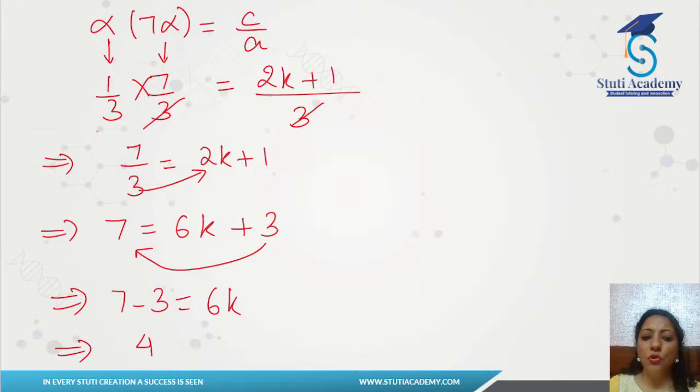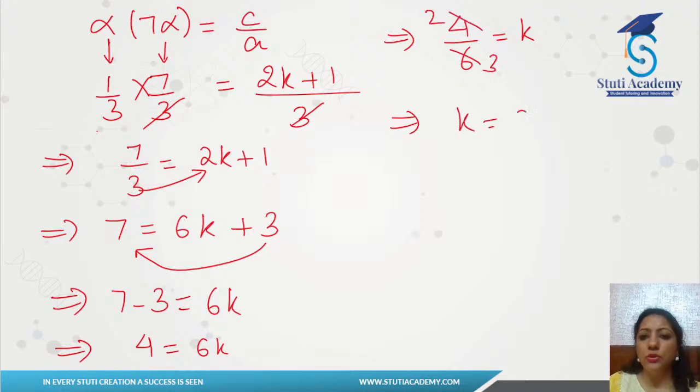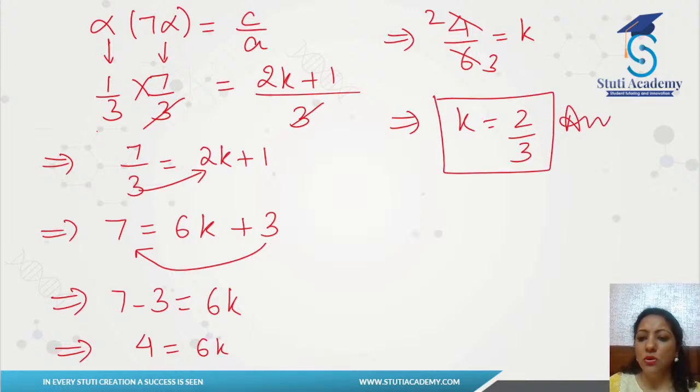Then we will get 4 is equal to 6k. In the next step, we'll take this 6 on the other side and we will get 4 upon 6 is equal to k. And once we simplify this, we'll get k is equal to 2 by 3. Finally, we've solved for the value of k also, that is 2 by 3.